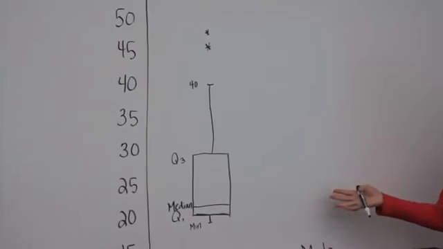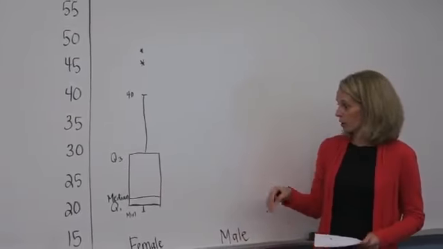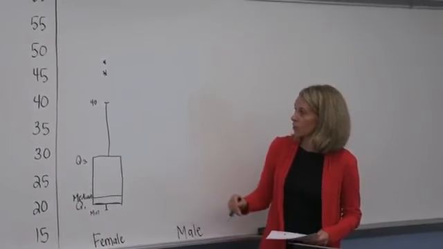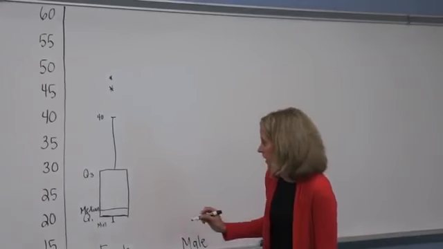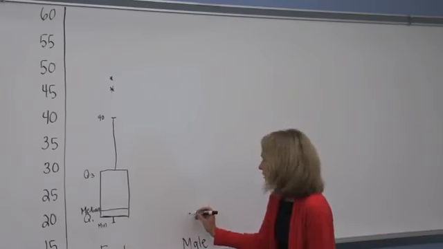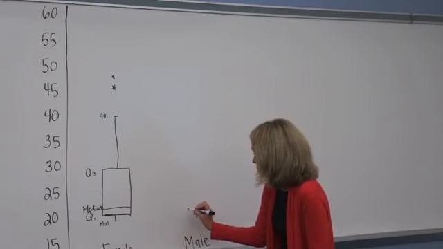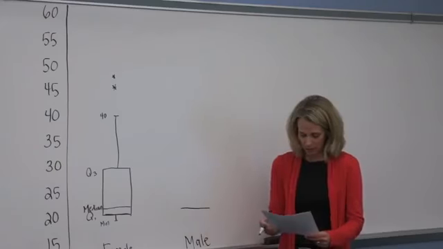If we come over and draw the box plot for the male data right beside this, we'll be able to compare the two sets of data as far as their 5-number summary goes. So for the males, Q1 was at 19, which was actually the same for the female. So this is going to start at the same place that the female box plot did.